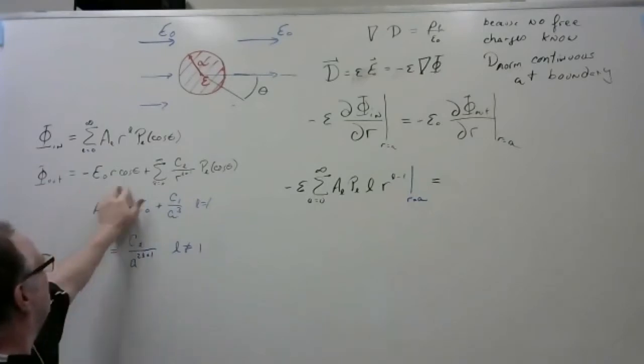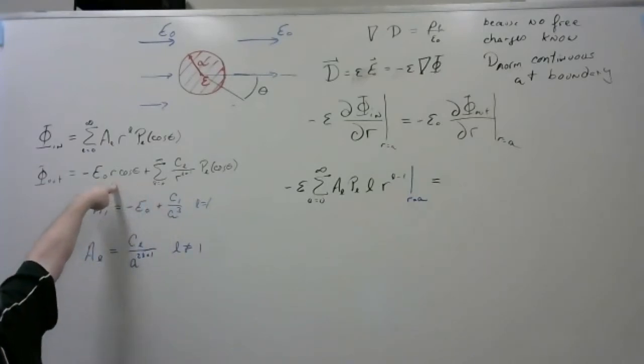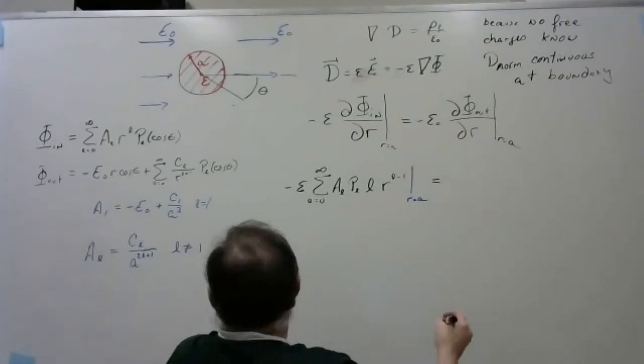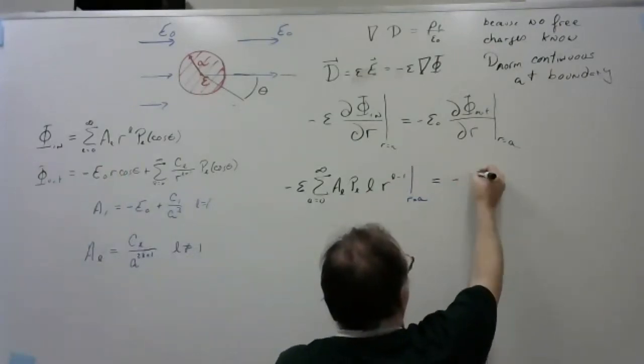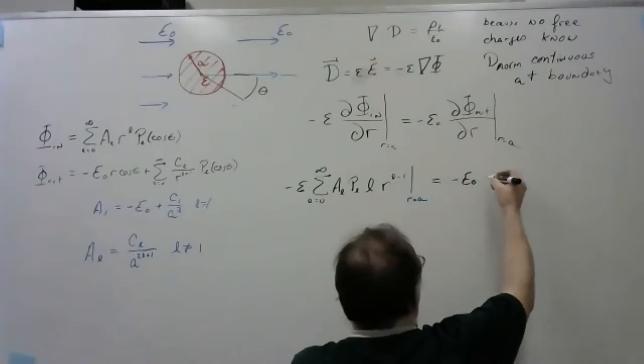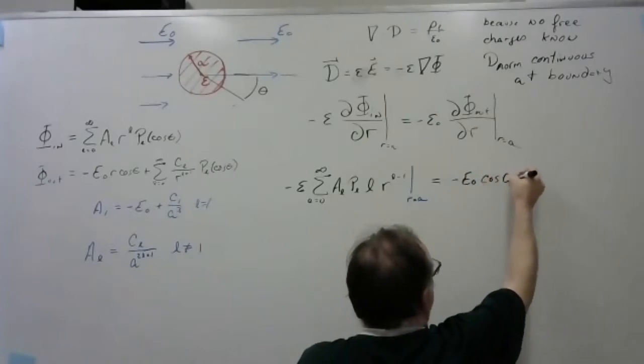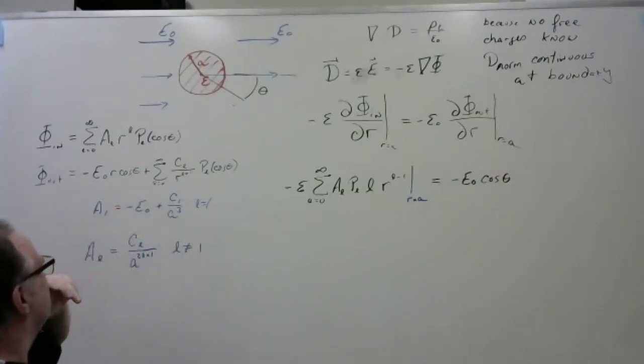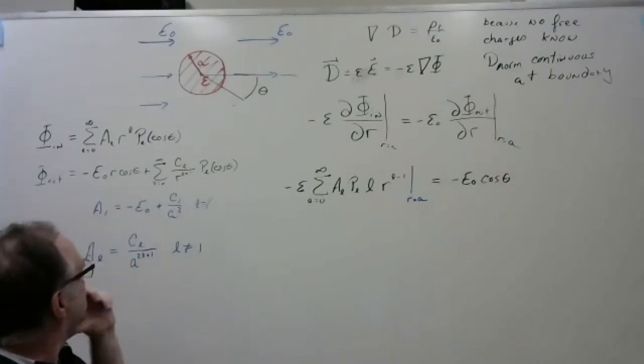All right, let's do the other side. I take the derivative of this with respect to r. That r drops out. So in other words, that's just a constant times r. So I get this first term, I get minus E naught cos theta. And then I come over here. I need to take a derivative of this.